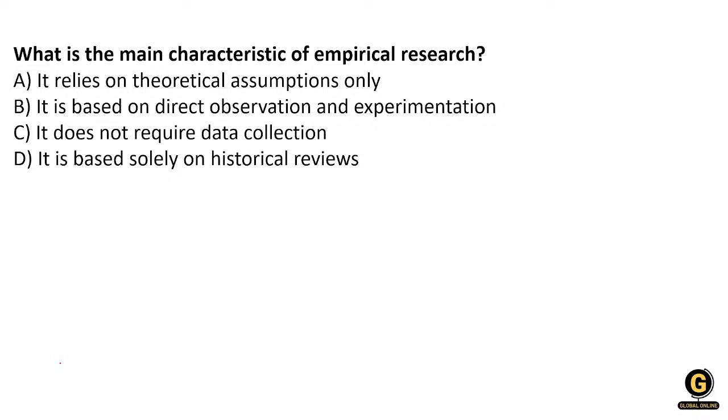Okay, what is the main characteristic of empirical research? It relies on theoretical assumptions only. It is based on direct observation and experimentation. It does not require data collection, or it is based solely on historical reviews.